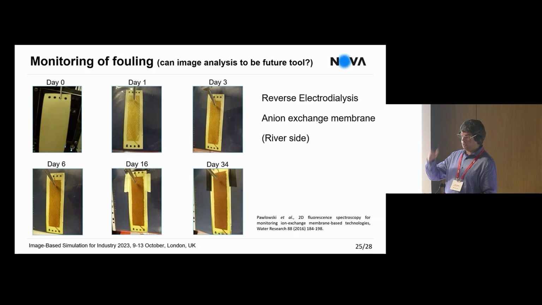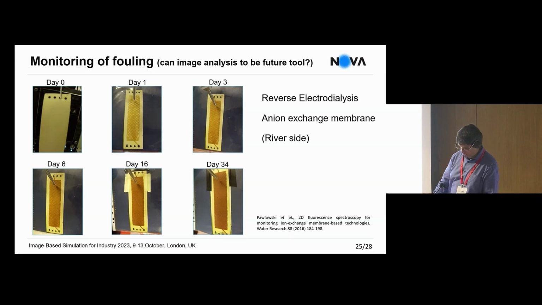Also, the membranes, you can see here, for example, an example of adsorption of humic compounds, which are organic compounds, on the surface of the membrane which was in contact with river water. Also, the pores of the membranes may clog, so fouling is a big issue in the membrane process. And basically, here we are hoping that image analysis may help to solve the fouling problem, or at least to allow monitoring the fouling development.